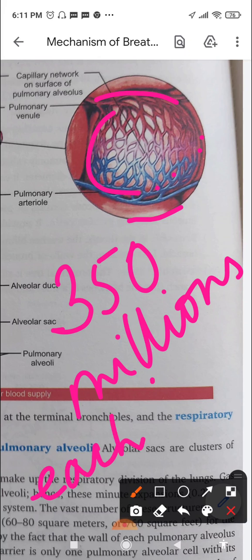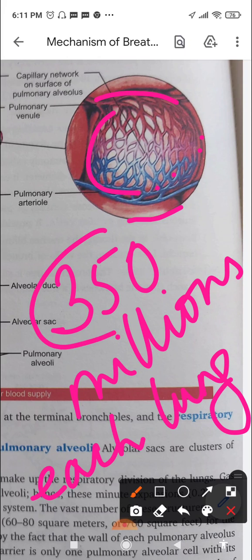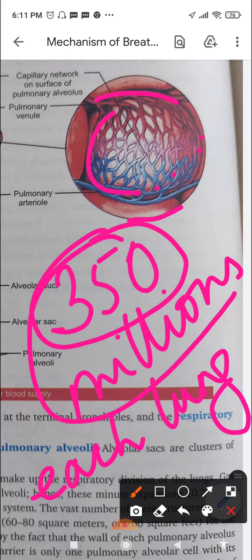Per lung means each lung: the left lung has this many alveoli, and the right lung has this many. If you spread them all around, you will understand how much area these alveoli cover. We already discussed in the previous class that this is the great area present for the diffusion of gases.